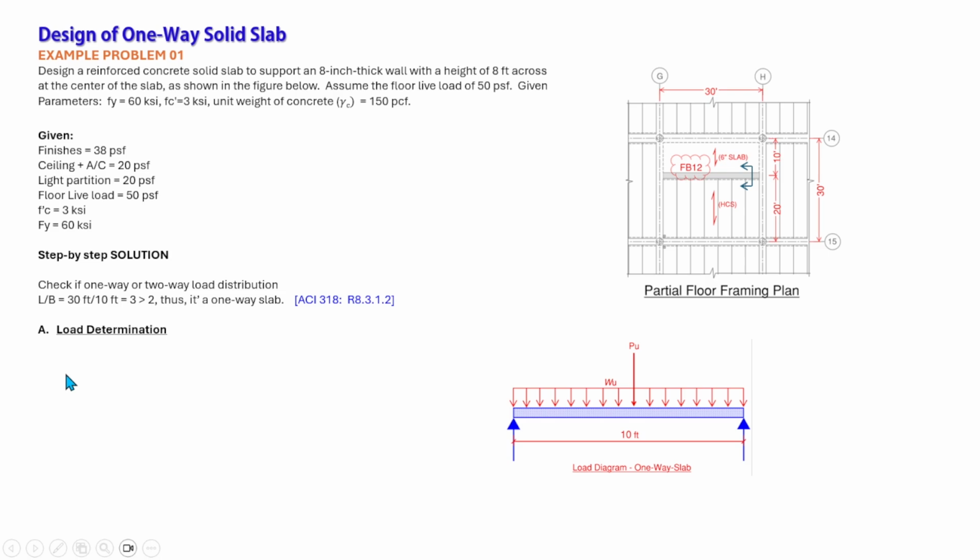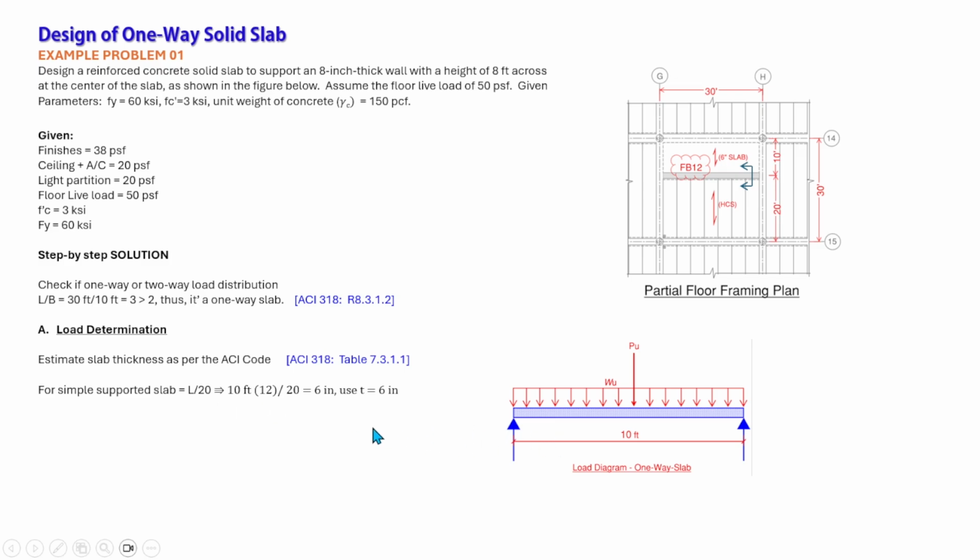For the load distribution determination, estimate the slab thickness as per the ACI code. In the ACI requirements, we have Table 7.3.1. For a simply supported slab with a 10 feet length, the minimum thickness is L over 20. That is for a simply supported slab.